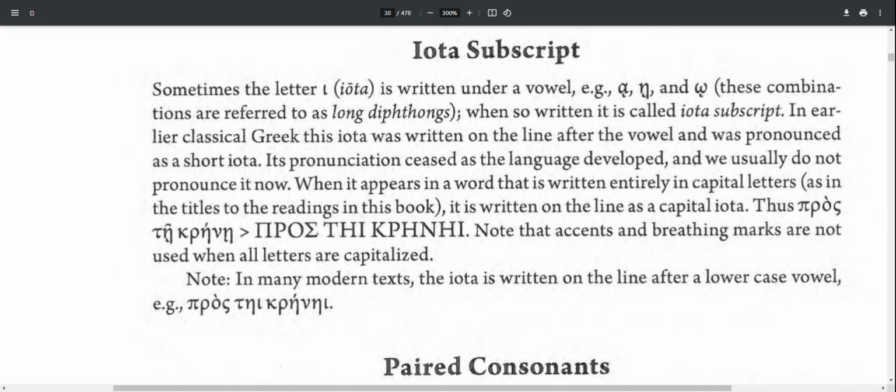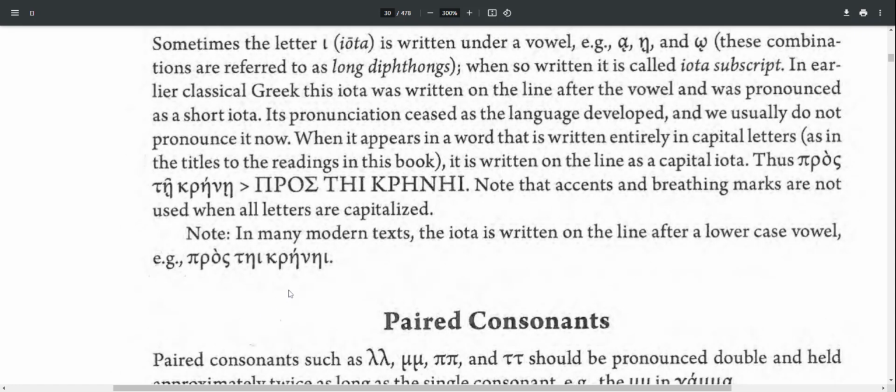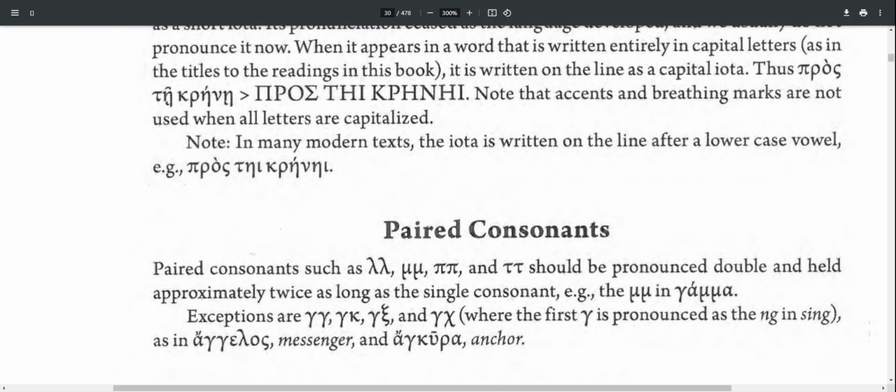And there are some editions where the iotas are written side by side with the etas, the alphas and the omegas in small letters too. I believe it happens when you have a text which uses those letters like that, but most books don't use it like that.